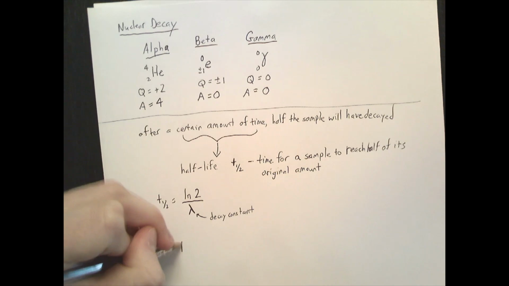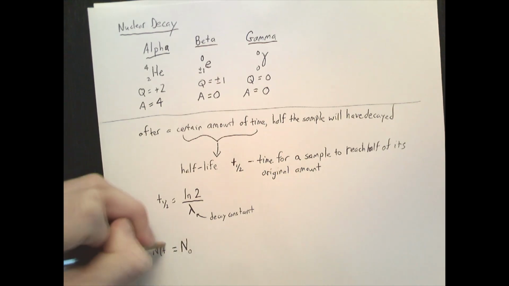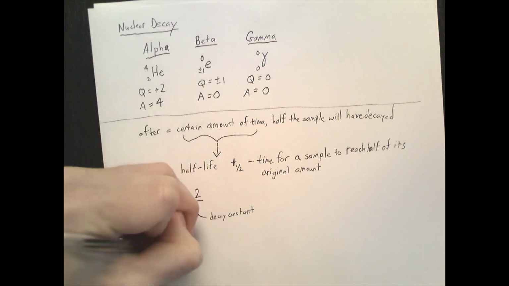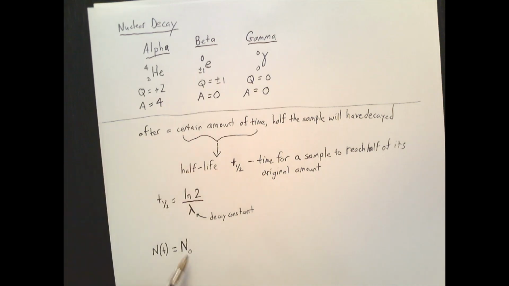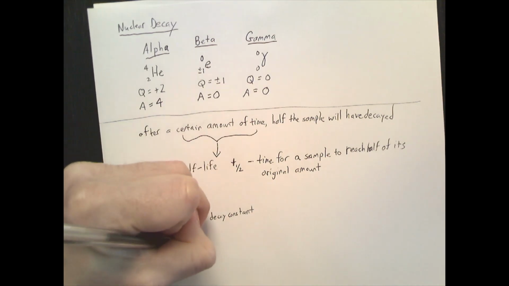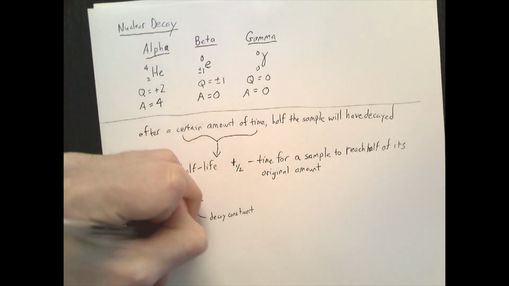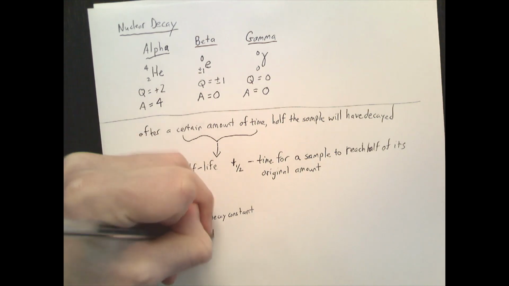And this is a property that will be different for each radioactive isotope. If we have a certain number of nuclei we started with, N0, we could figure out how many we have left as a function of time by the following relationship. We have our starting coefficient, N0, multiplied by e to the minus lambda t.